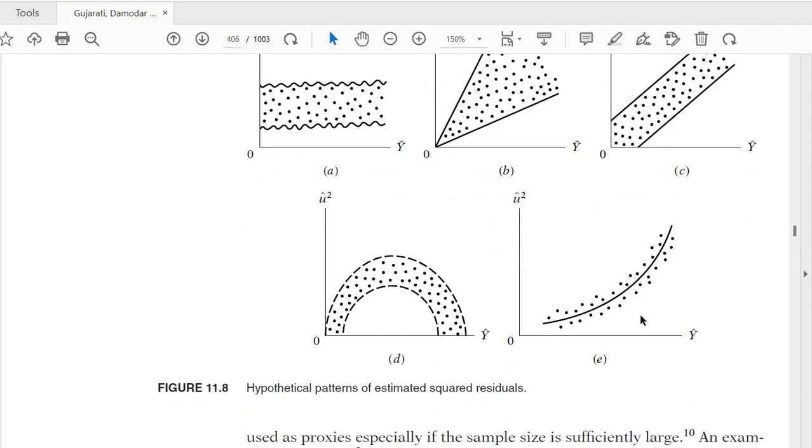Now looking at this, again there are two patterns. D is a curve and E is also a curve. The shape is different. This is an inverted U shape, whereas this graph is concave, increasing with increasing rate. So basically, all these B, C, D, E have a pattern, whereas A does not have any pattern. इसका मतलब क्या हुआ?